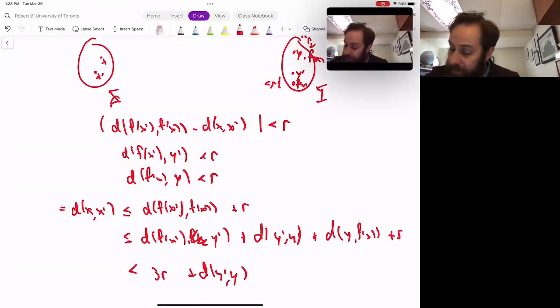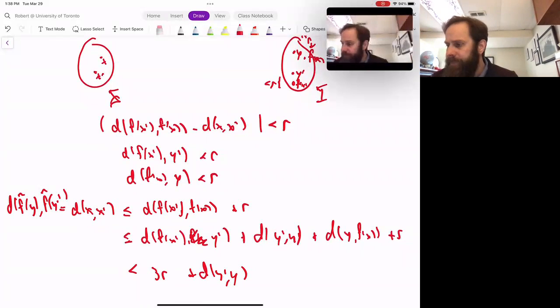And this is the distance between F tilde Y and F tilde Y prime. So we just check that F tilde is a 3R isometry.